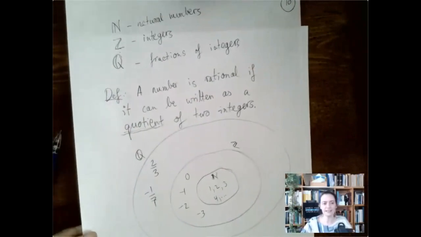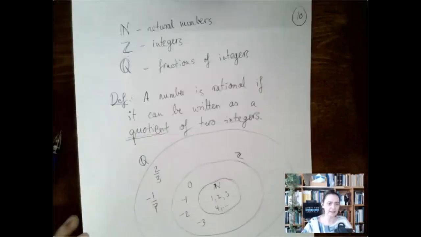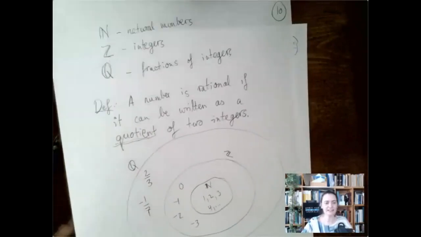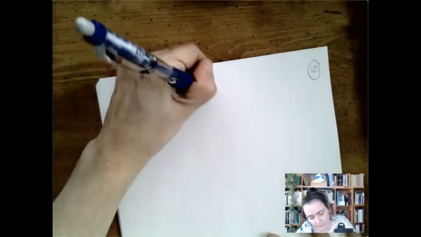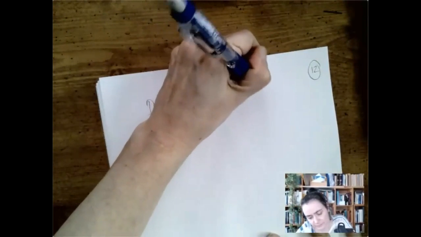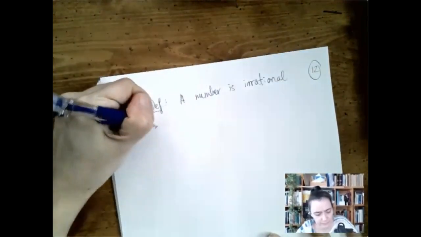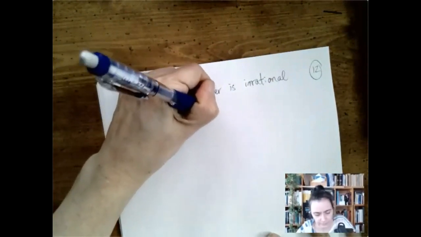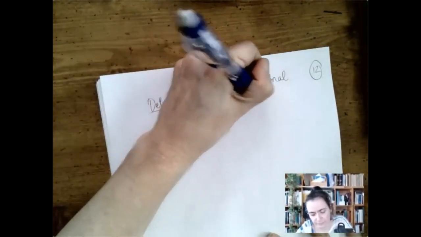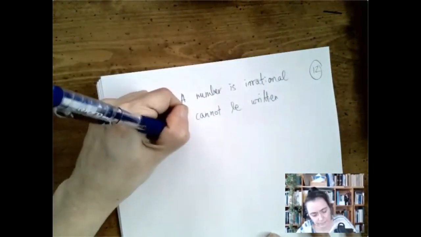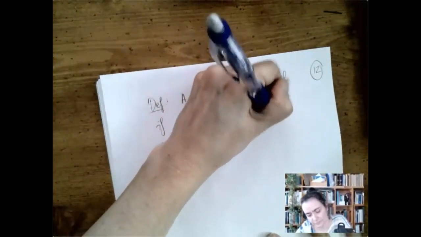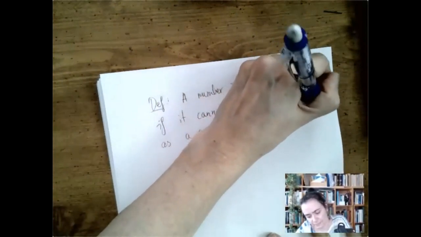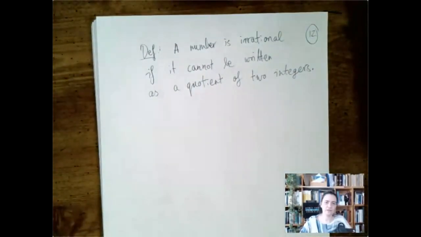And I told you in a way that there are more irrational numbers than rational numbers, when I told you that the flea will miss more than it will hit. So those are irrational numbers.